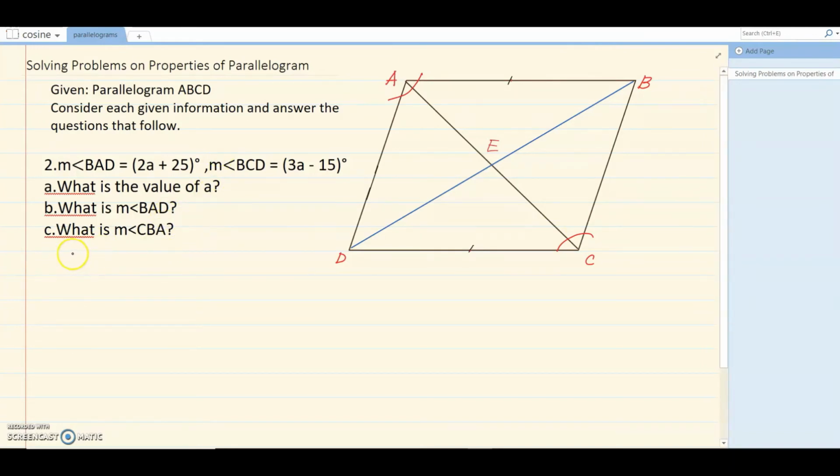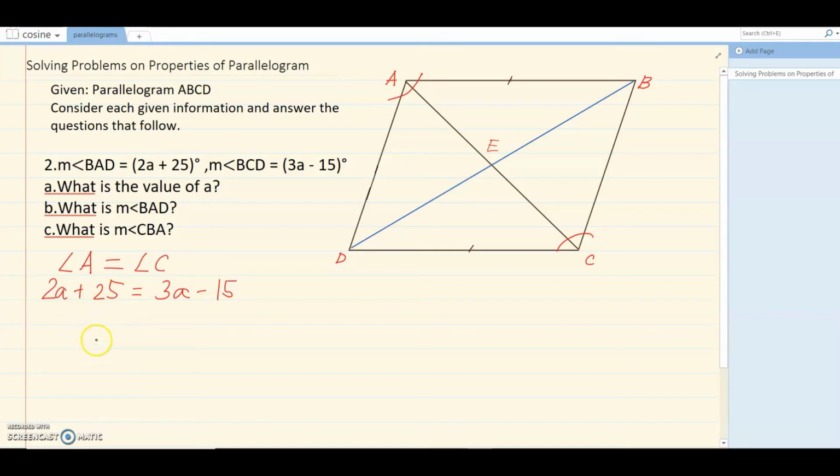So, we can say that angle A, or the measure of angle BAD for that matter, is equal to the measure of angle BCD or angle C. We just get the middle letter for this particular angle. So we know that angle BAD is 2A plus 25. That is equal to angle C or yung BCD, which is 3A minus 15.